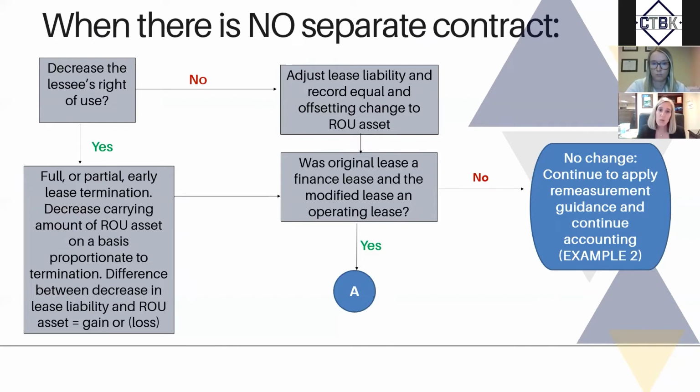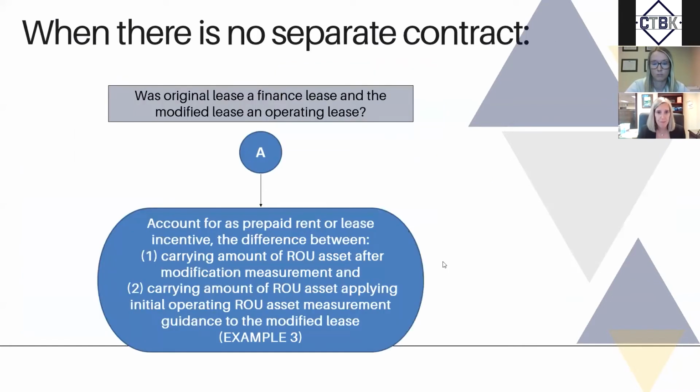In the case that it went from a finance lease to an operating lease, and I'm going to go to that little a, in that case, you are going to do a calculation to determine if there's a prepaid rent or lease incentive. So in short, you're going to take the carrying amount of the right of use asset immediately after that modification period, and you're going to compare that to the right of use asset that would have been applied if it was a new lease.